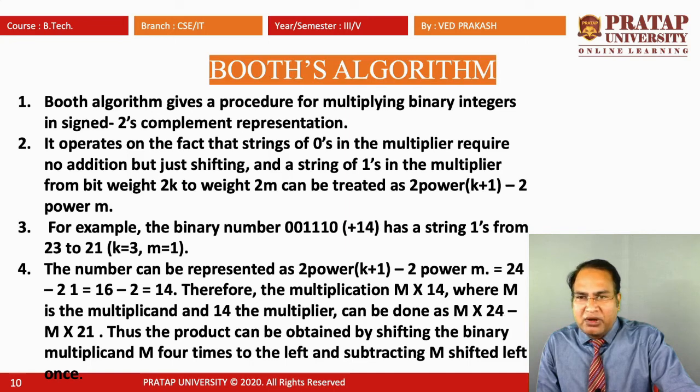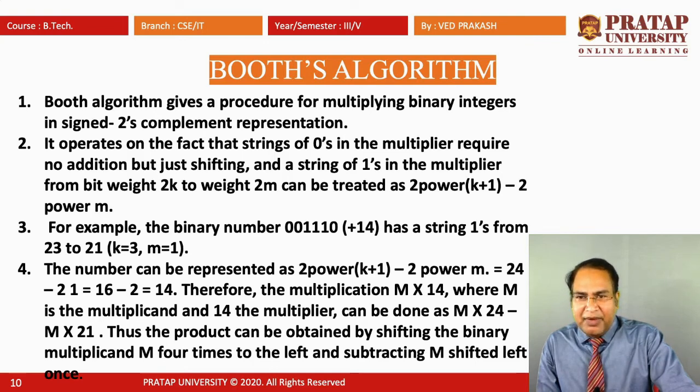It operates on the fact that a string of zeros in the multiplier requires no addition but just shifting, and a string of ones in the multiplier from bit weight 2 power k to weight 2 power m can be treated as 2 power k plus 1 minus 2 power m.